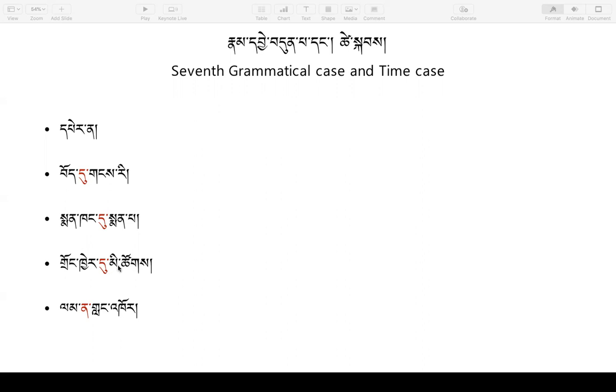Chongker to Mitsok. Chongker, which is the city, to, currently as in, and Mitsok could be understood as the crowd.